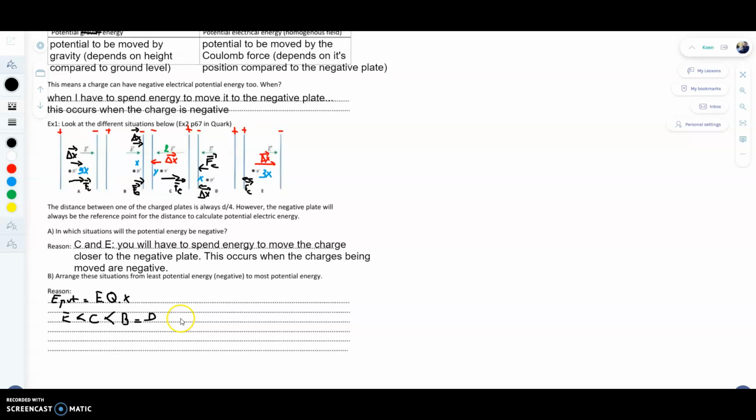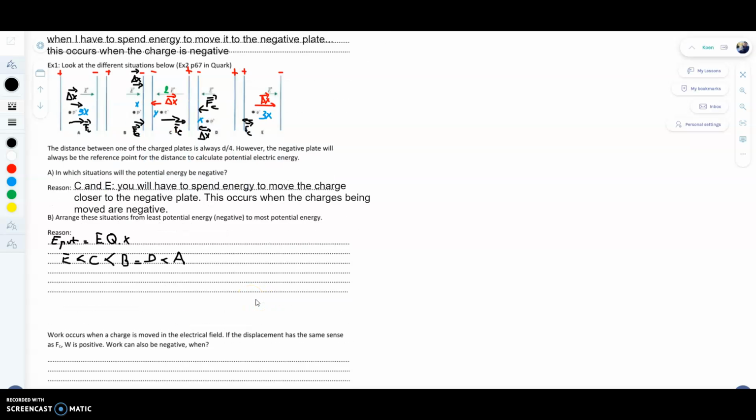So the potential energy is equal in both cases. Only in situation A, the distance is tripled, so that one has the most potential energy in this situation.